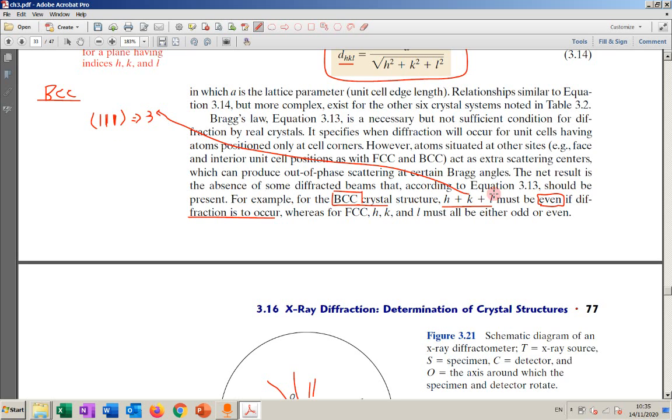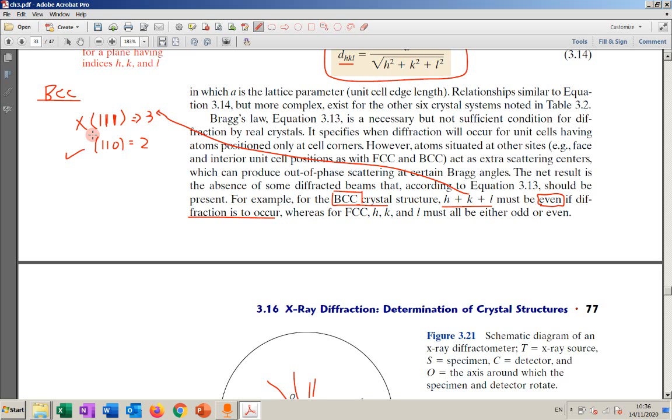So the planes that we're going to see will be those planes where H plus K plus L is an even number. Now look at this one. 1 plus 1 plus 0 is 2. So this will be shown, but the other one cannot be seen from the pattern.